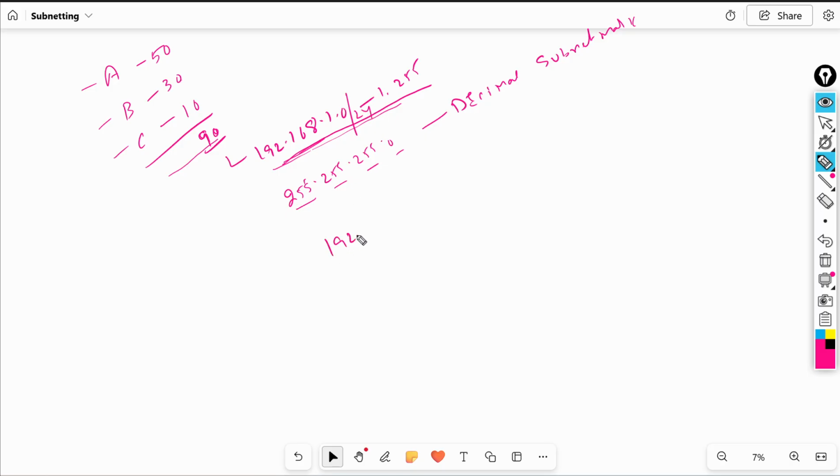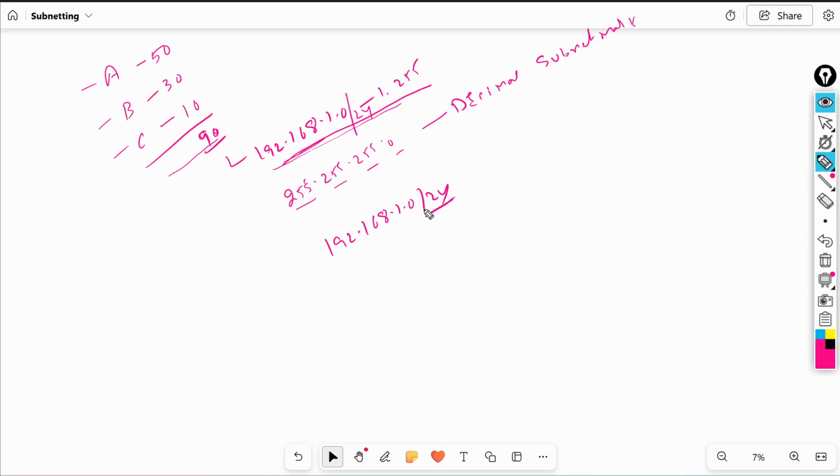So like 192.168.1.0/24. So /24 represents network bits. Any value you see after the slash, that number represents network bits. That number does not represent host bits.